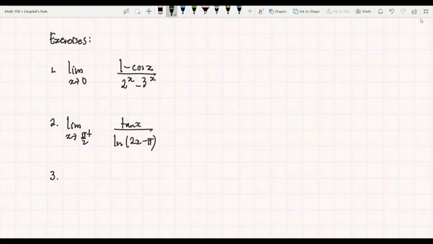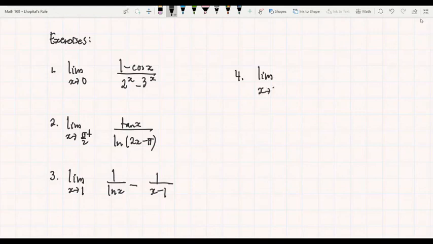So for this one, to check the form, you might want to revisit the graphs of tangent x and ln x. So next, we have the limit as x goes to 1 of 1 over ln x minus 1 over x minus 1. So for this exercise, you might need to apply L'Hopital's rule more than once. Next, we have the limit as x goes to positive infinity of x cubed times e to the minus 2x.